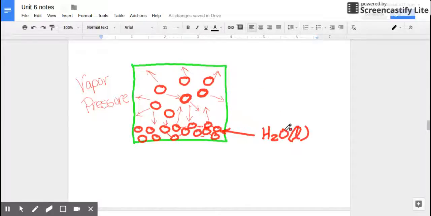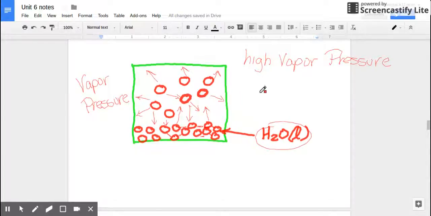If a molecule, in this case water, or any other molecule, really wants to evaporate, its vapor pressure is going to be high because it's going to have lots and lots of molecules up here in this space above the liquid. So if we have a molecule that has a high vapor pressure, it has to have wanted to evaporate very badly.